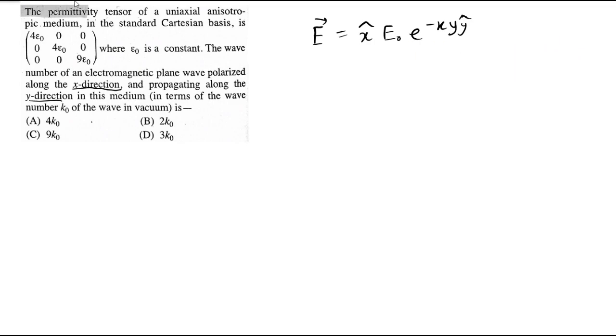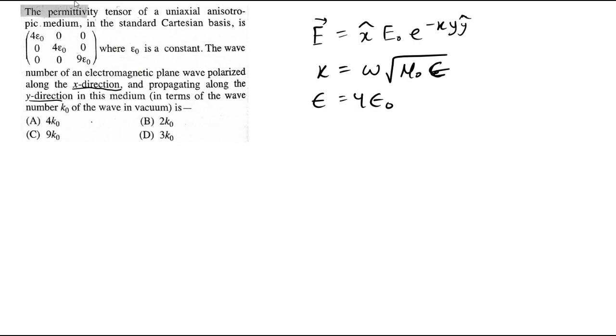Then what we can do is, we know that k is equal to omega root mu naught epsilon, and we know that epsilon equals 4 epsilon naught in this case.